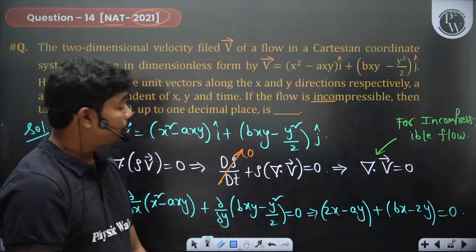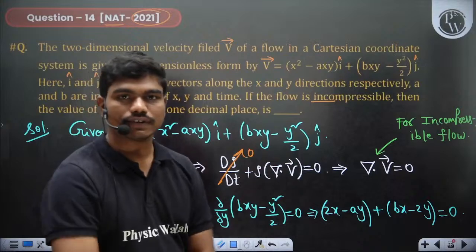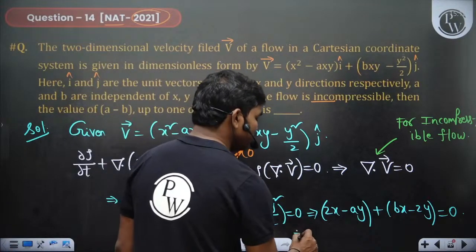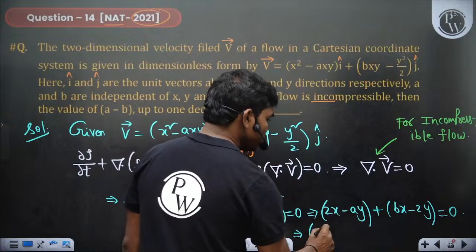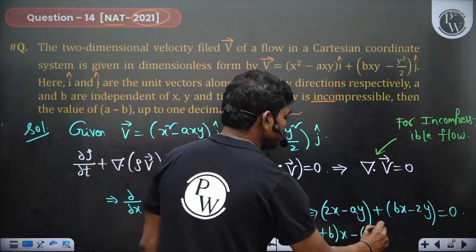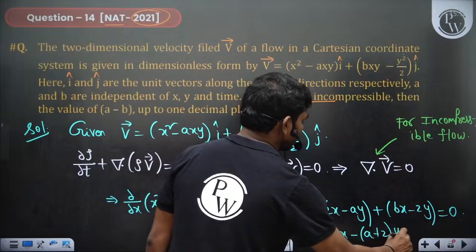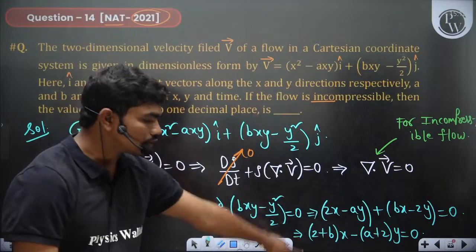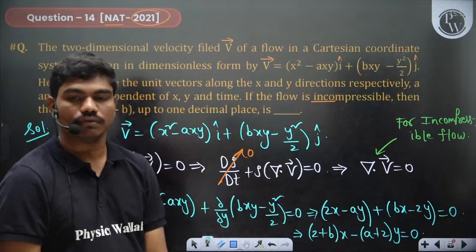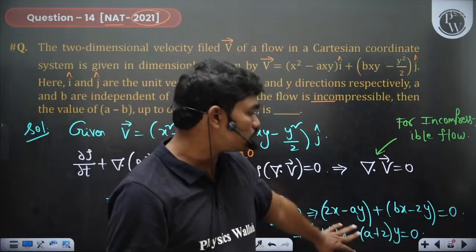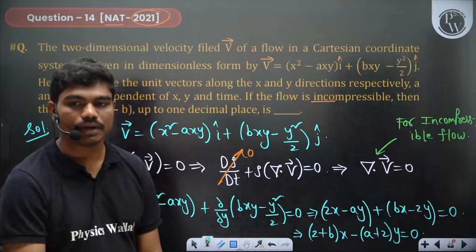Now if this equation has to be satisfied at any point irrespective of the coordinates, at any point in the field, which means (2 + b) x plus (−a + 2) y is equal to 0, for example. This equation should be satisfied at any point in the flow. When can that happen? Whatever values of x and y you substitute, this equation should always be satisfied.